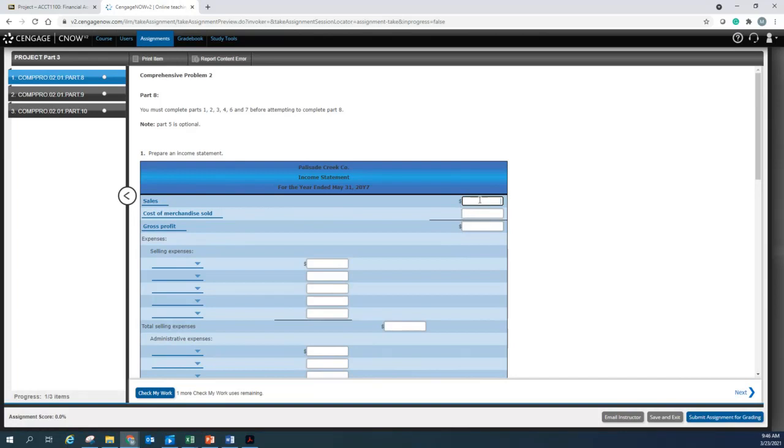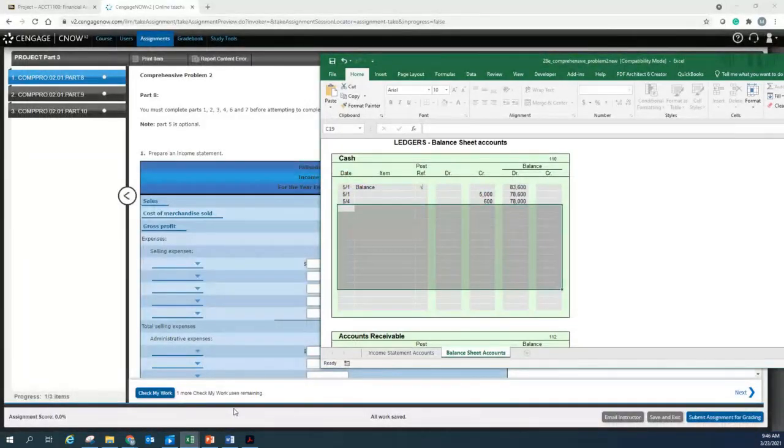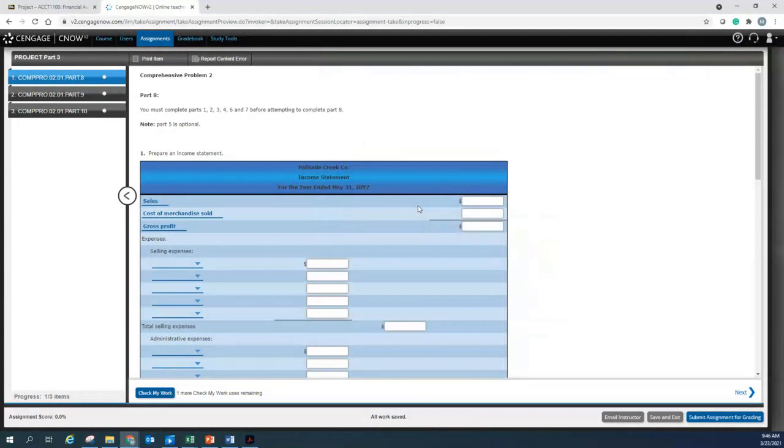And what's important is the balance. Where do you get the balance from? From your ledger. Okay, Megan, yeah. From your ledger here, okay? But you can get it from the trial balance of part 2.